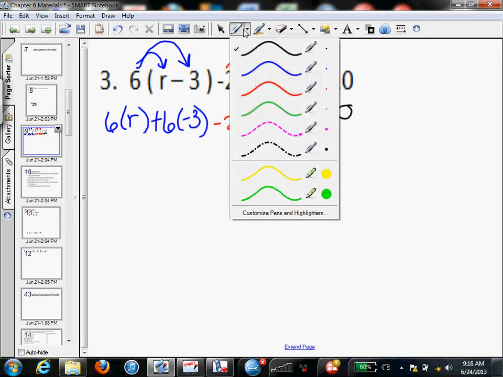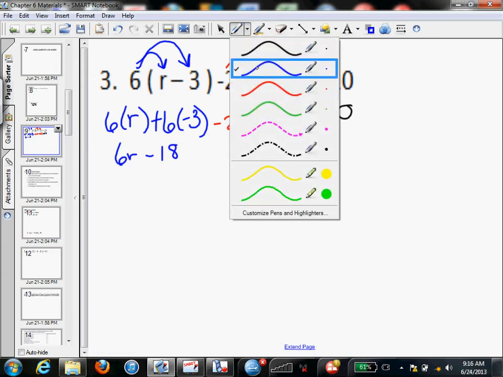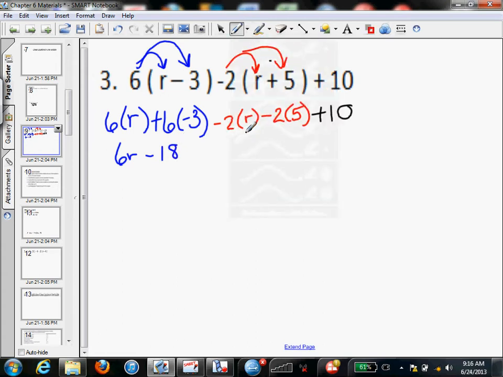If we go through and simplify, 6 times r is just 6r. Then 6 times negative 3 gives us negative 18. Negative 2 times r is just negative 2r. Negative 2 times 5 is negative 10, plus 10. Now we look for similar terms.